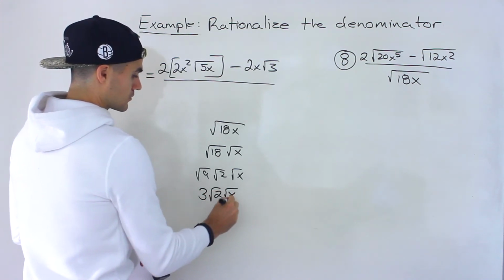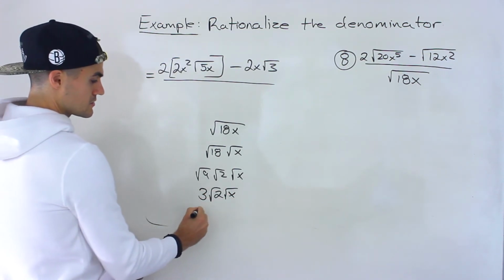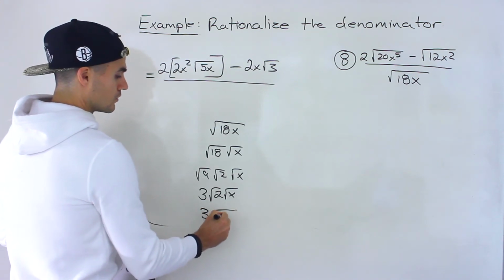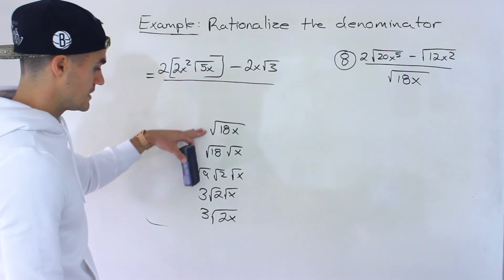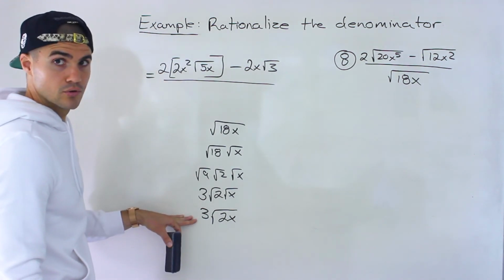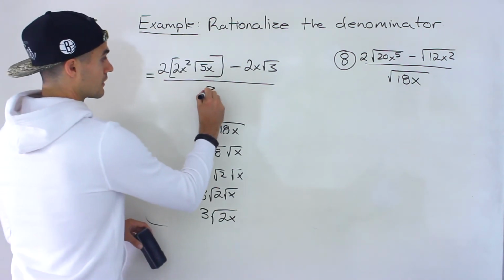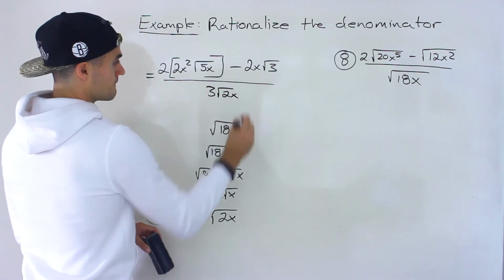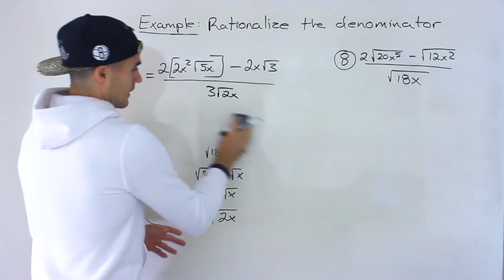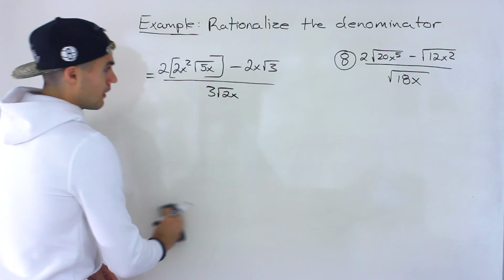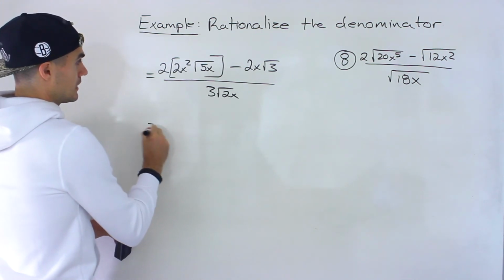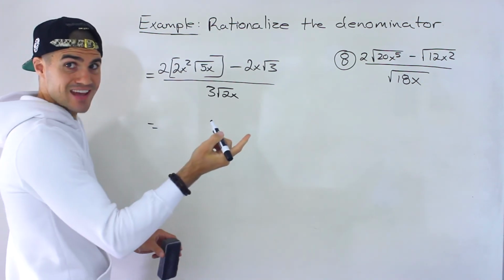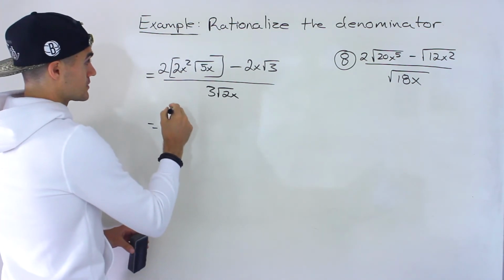And then we got the root x, and then we could combine these two. So 3 root 2x, right? So root 18x simplifies to 3 root 2x, like this. And now it's going to be a lot better to rationalize this, right? We had to do a little bit of work at the beginning, but it's going to save us work now when we get to rationalizing.